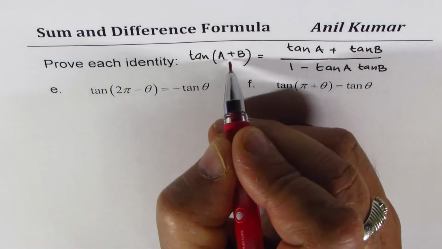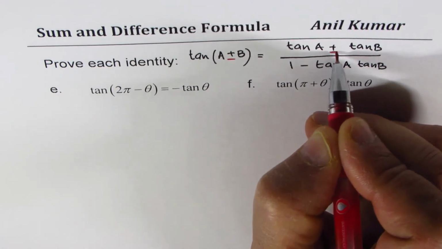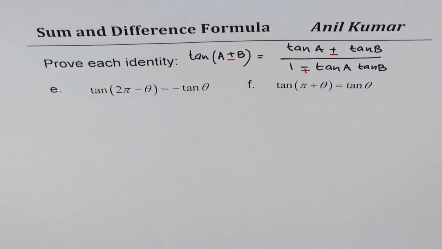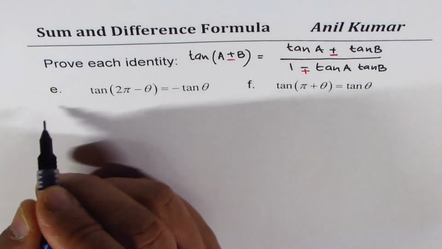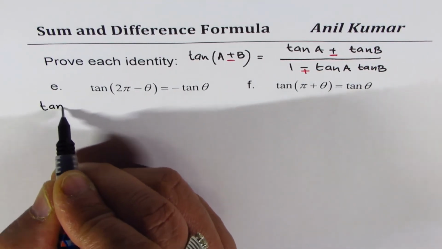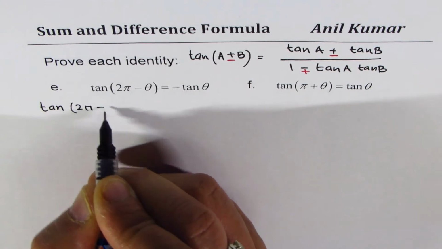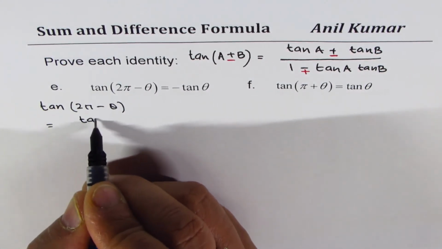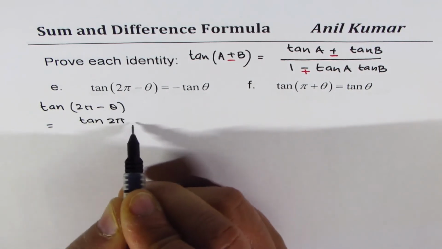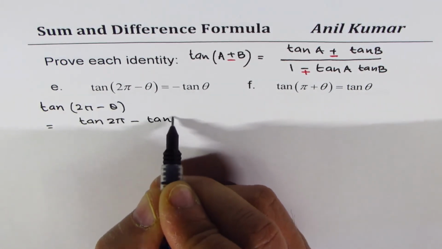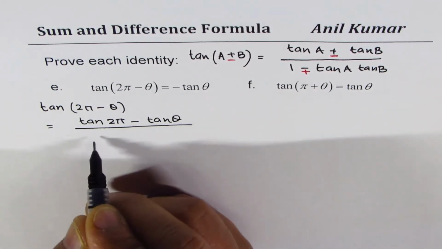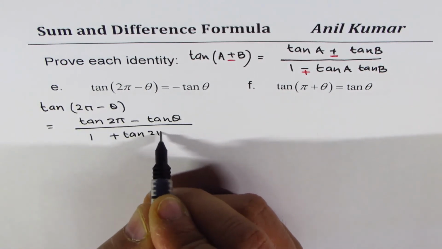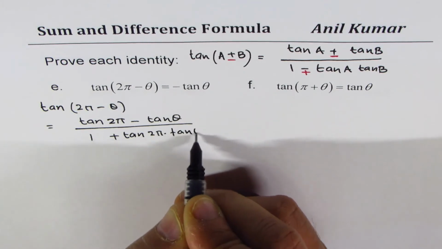If we have minus here, then the signs change. So in the first case, we have tan 2 pi minus theta. This should be equal to tan 2 pi minus tan theta over 1 plus tan 2 pi tan theta, correct?